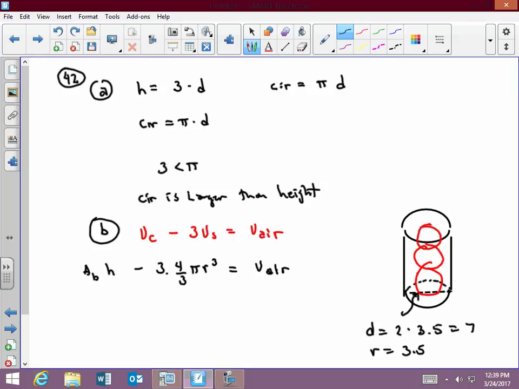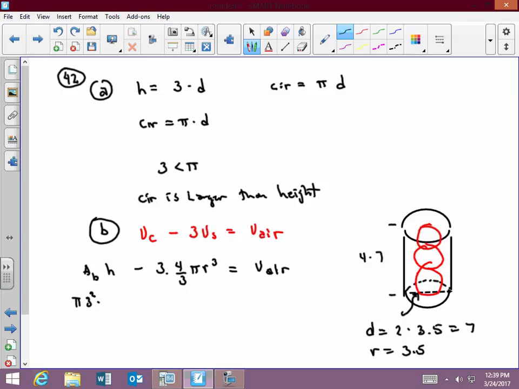So the area of the base is pi times 3 squared. The height is actually, this height right here is actually 4 times, let's see, 4 times the diameter, 7, isn't it? No, yeah.